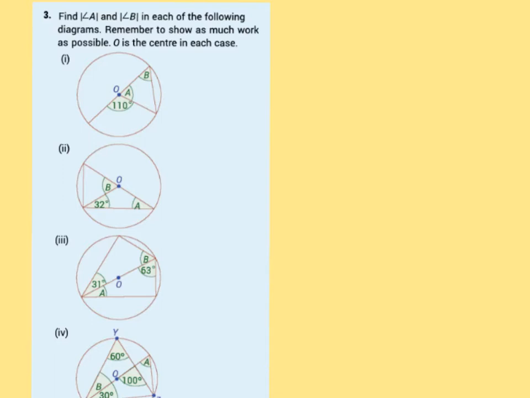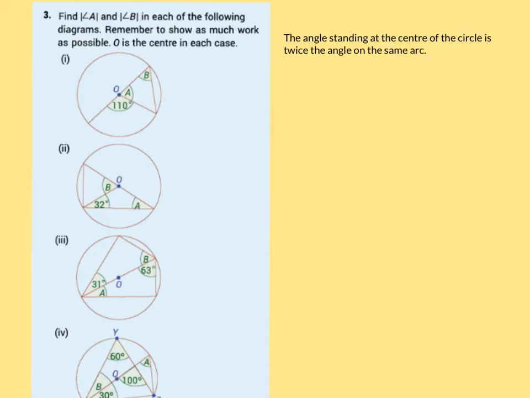I'll just write that up here. So the angle standing at the center of the circle is twice the angle on the same arc.